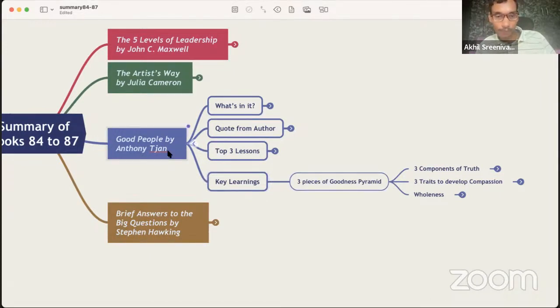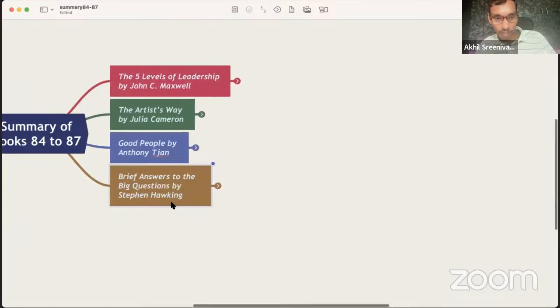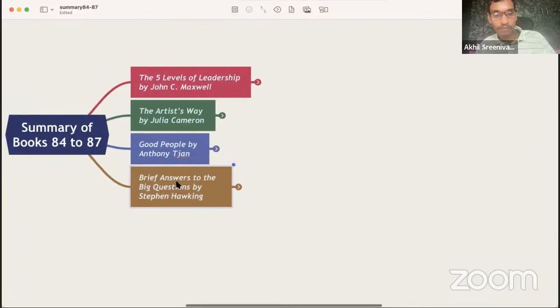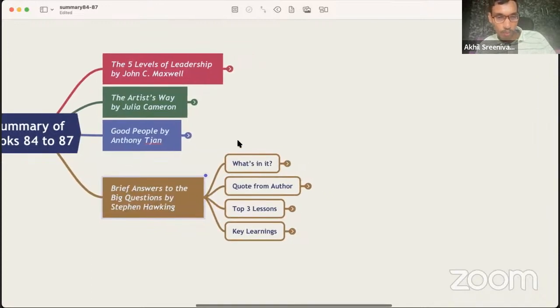It will help you. Let us move on to the fourth book summary that we want to conclude today, which is Brief Answers to the Big Questions, written by Stephen Hawking. So let us see what's in it, a quote from the author, and the top 3 lessons and key learnings.